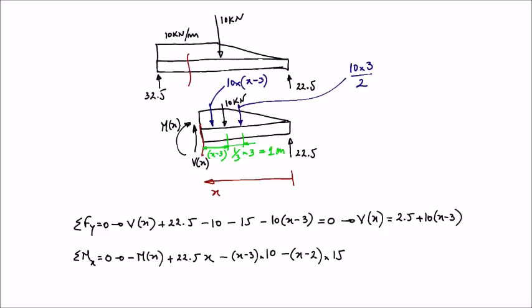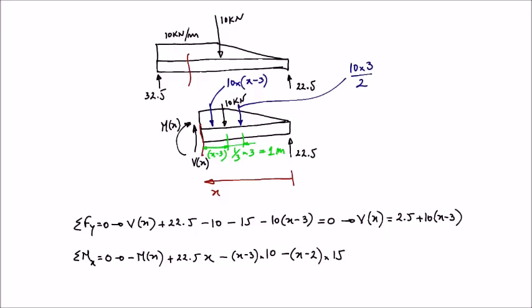Then we have the moment produced by the triangular UDL. The last one we need to include is the moment produced by the rectangular distributed load, this one.